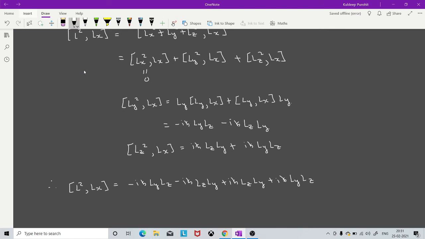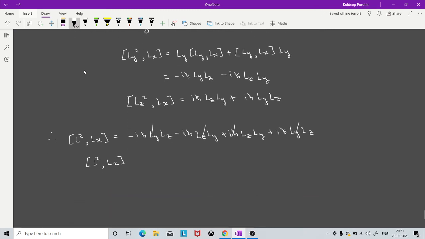So you can see that these terms cancel with each other. So L square comma Lx will be equal to 0.